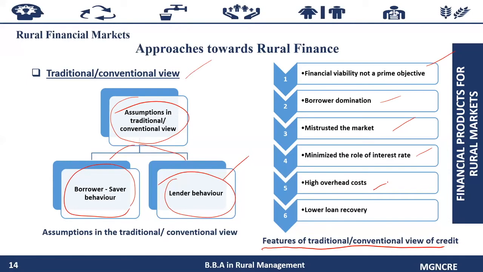These credit programs which are supply led and the specialized institutions had not been viable financially as the overhead cost is high, and lower loan recovery. It means that the recovery of loans is lower in the rural areas. So these are the features of the traditional view of credit.